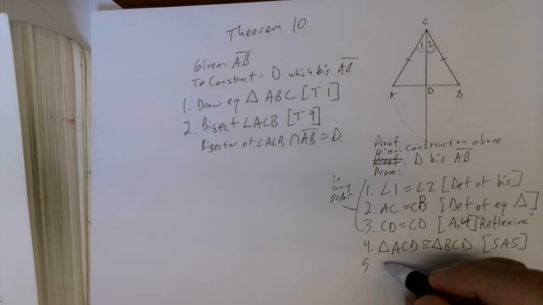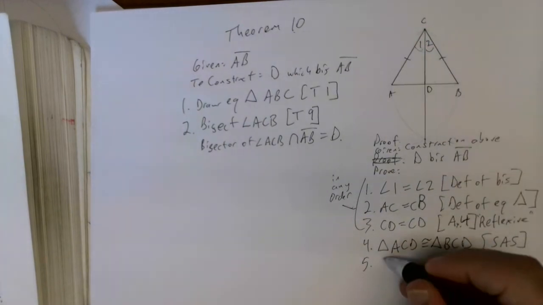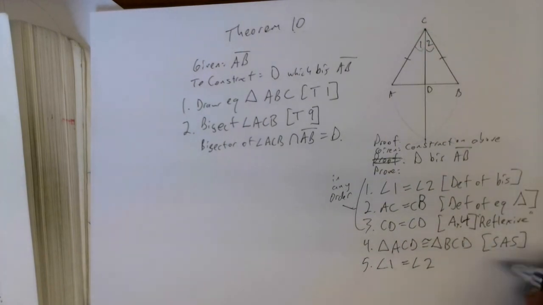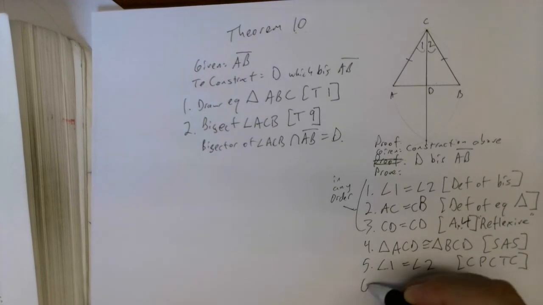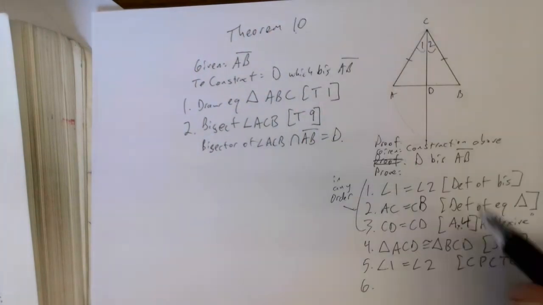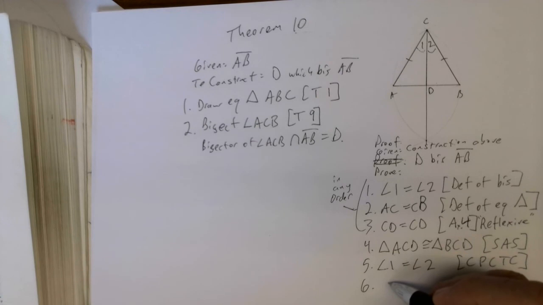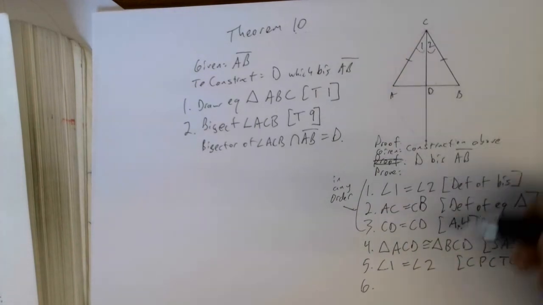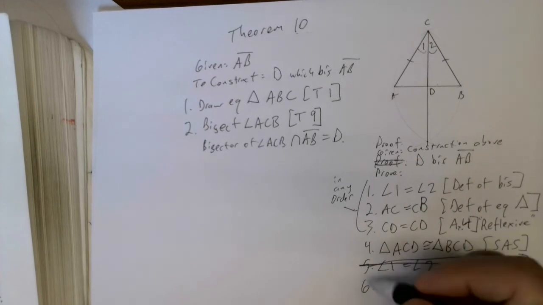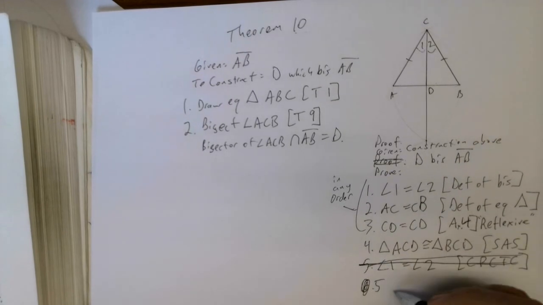We reach in the locker. We grab the only prize that we need, which is angle 1 equals angle 2, CPCTC. And hence that proves what we want, which is that, oh, I'm so sorry. We had that already. That's not right. Mistake.